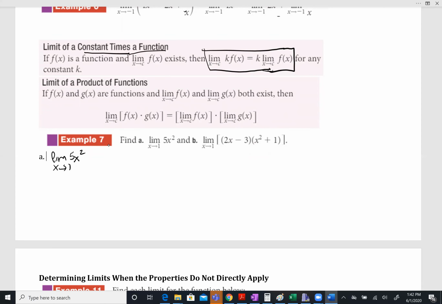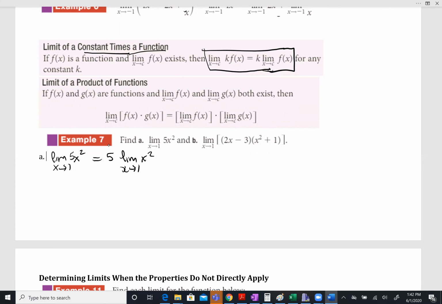You see that there is a constant here, the number 5. You can actually move it out of the limit and get 5 times the limit of x squared when x goes to 1.